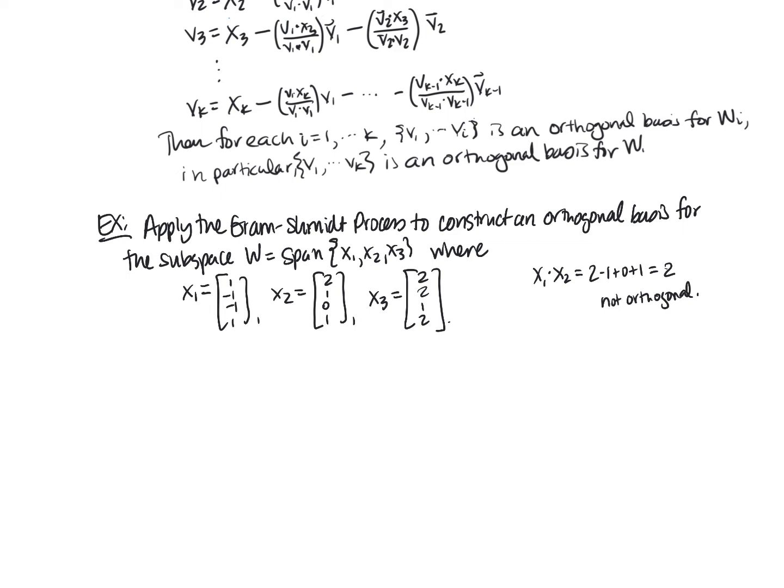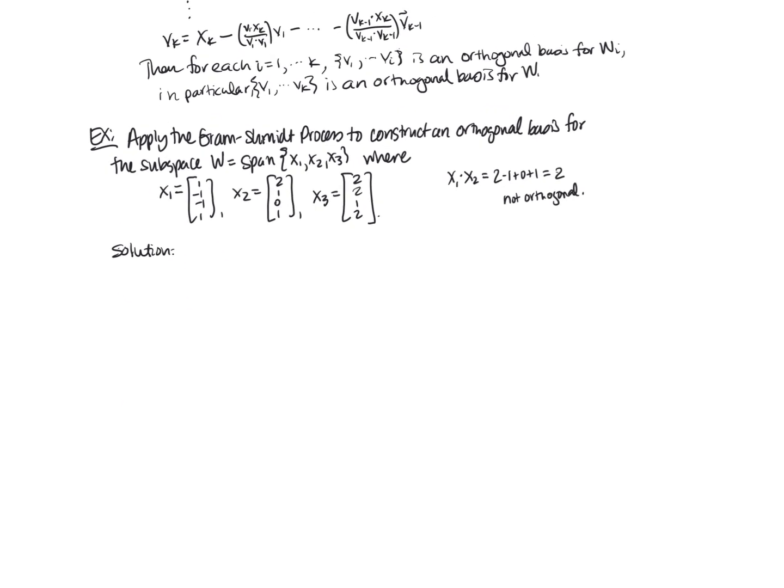So what we want to do is start by letting V1 be x1. And then V2 is going to be x2 minus the bit that is projected onto x1. So it's going to be x1 dot x2 over x1 dot x1. Oh, I guess I should be using V1, but V1 is x1, so anyway.